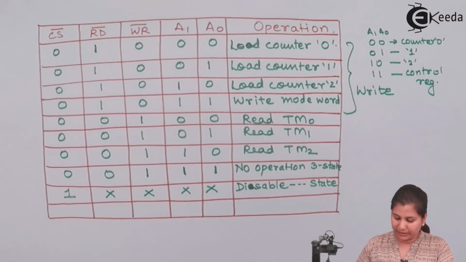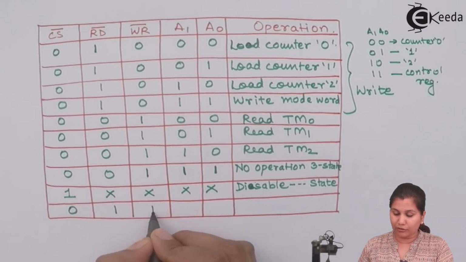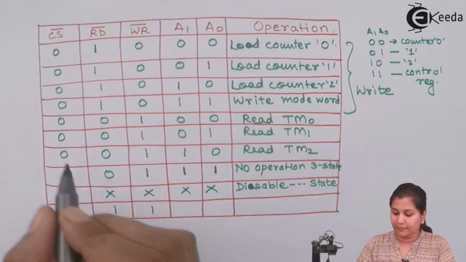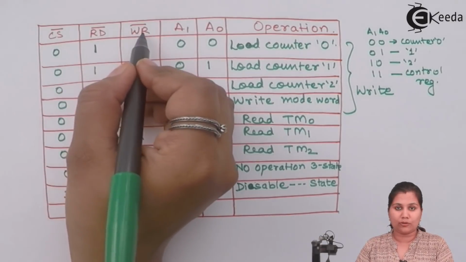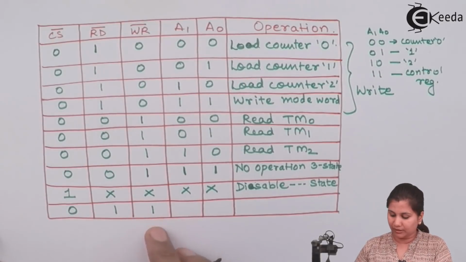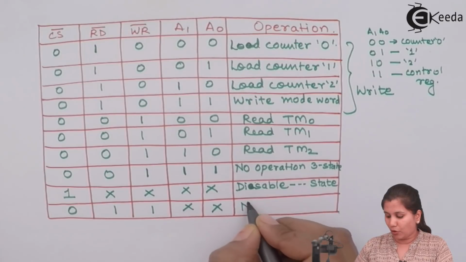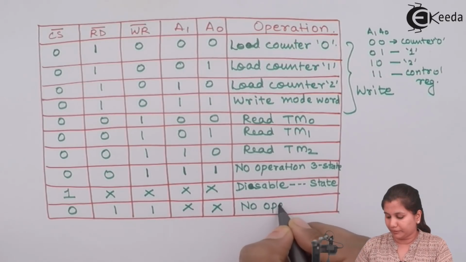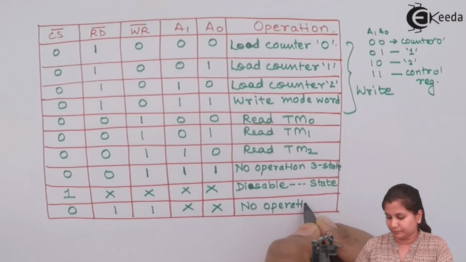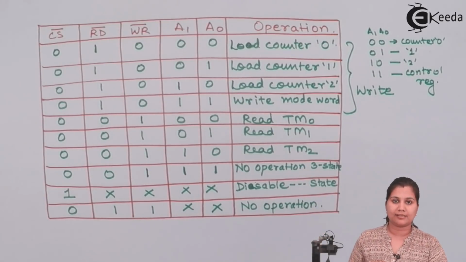Now if the chip select signal is 0 and the read and write signals are at logic 1, because their value has to be 0 for the read and write operation, and if their value is 1 1, whatever will be the value of A1 and A0, again no operation will be performed, and again the buffer will be in the high impedance state.